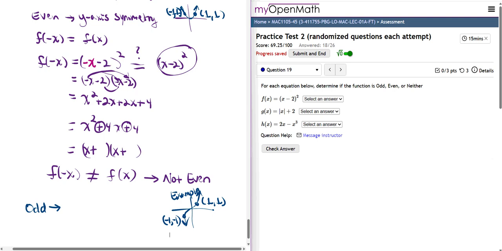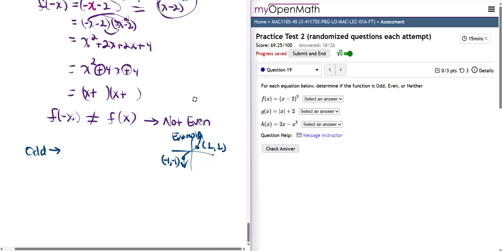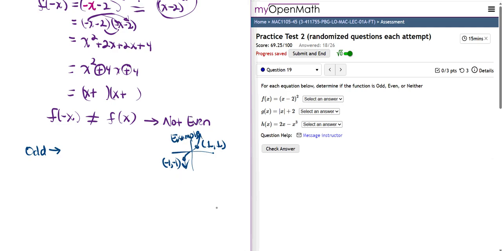So notice that if I take this and rotate it upside down, the picture looks the same, right? The shape looks the same. So that's what happens when you have an odd function. And what we say is it has origin symmetry, or it's symmetric to the origin, okay?